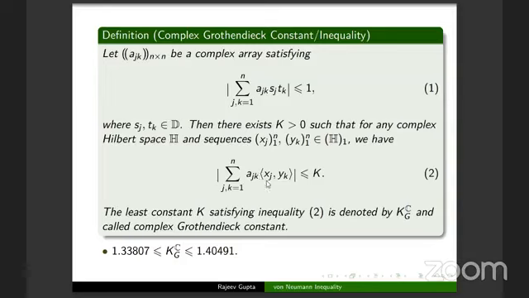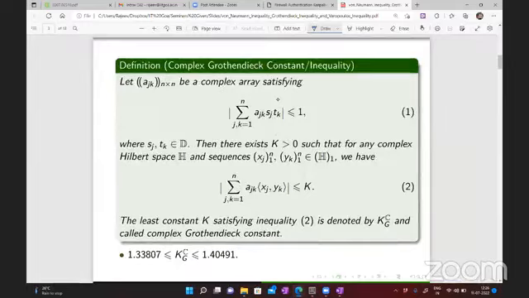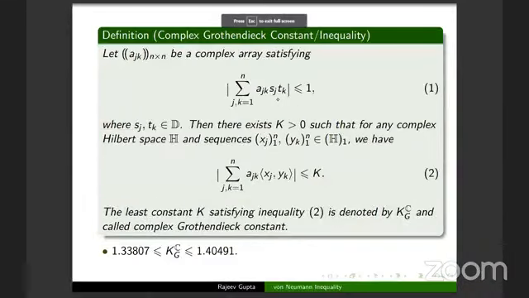Then, instead of writing sj and tk, we will choose xj and yk from, let's say, Ck. Ck means they are k-tuples.